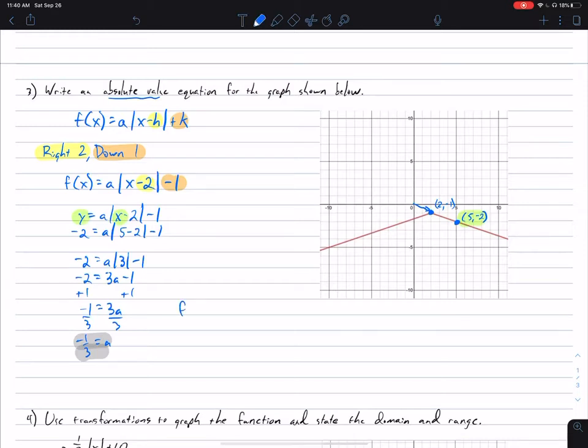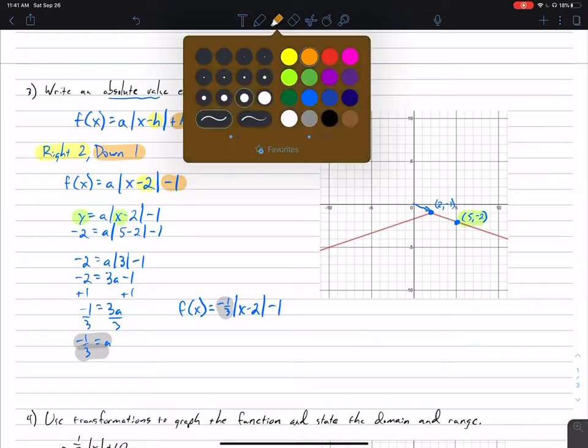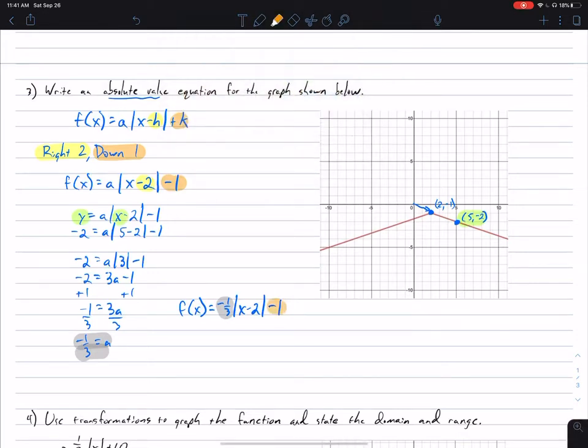To write my final answer, again we want to write in vertex form. So f of x is equal to -1/3 times the absolute value of x minus 2, and then minus 1. It's always a good idea to check that your answer makes sense relative to the graph you were given.